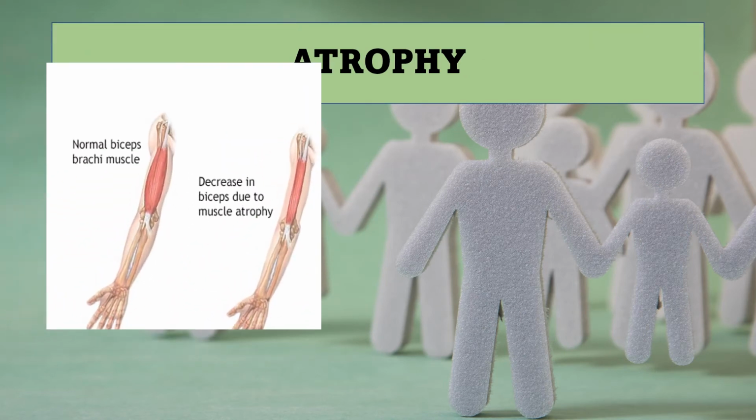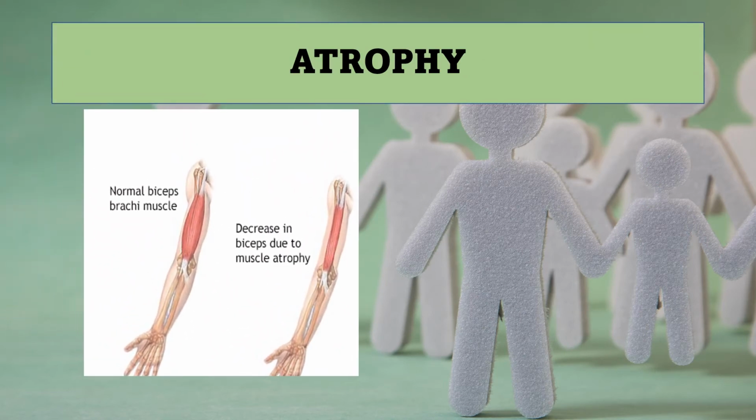Next, look at this image. If you remember the video on hypertrophy, I showed an image. What was that image? Of a cartoon character, Hulk, and the six packs. Whereas in atrophy, look at this. This muscle is normal, whereas look at this muscle, it is atrophied. Once there is a decrease in the size and number, it becomes thinned out, whereas in Hulk the muscle is hypertrophied, right?